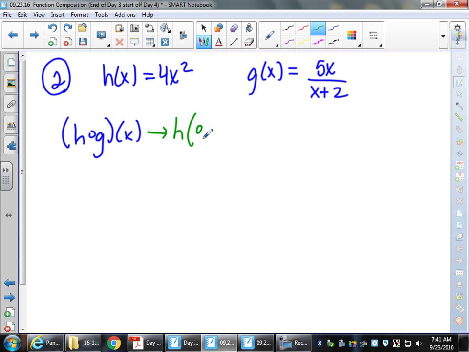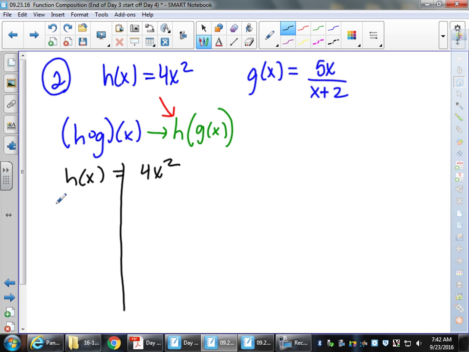H of g of x. These mean the same. H of g of x. What's my starting function? H. Okay? So that'll be our guide. So we're going to write h first. So h of x equals 4x squared. And my input is going to be what?